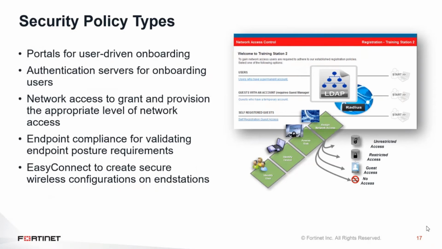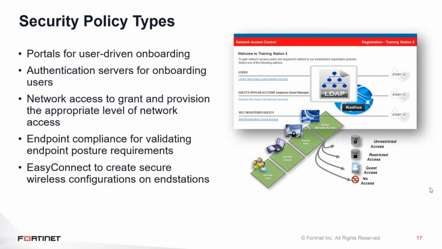So talking about the security policy types, security policies are a very important aspect of Fortinet, and they dynamically define network access and provisioning requirements to connected devices. There are 5 different types of security policies on Fortinet.